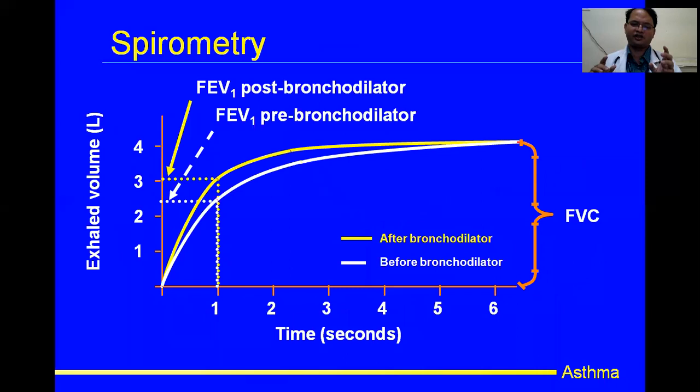Here it notes the FEV1, the forced expiratory volume that is exhaled by the patient in the first second, and the FVC, forced vital capacity. In asthma, the FEV1 is highly important because FEV1 doesn't show any effort dependence. It is independent of the patient's effort.